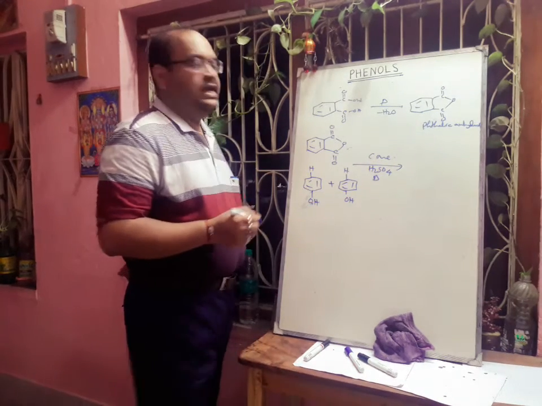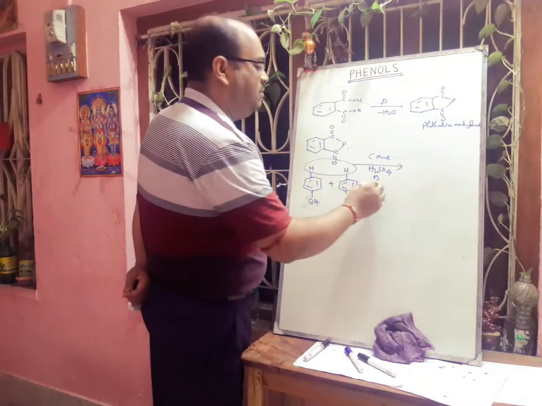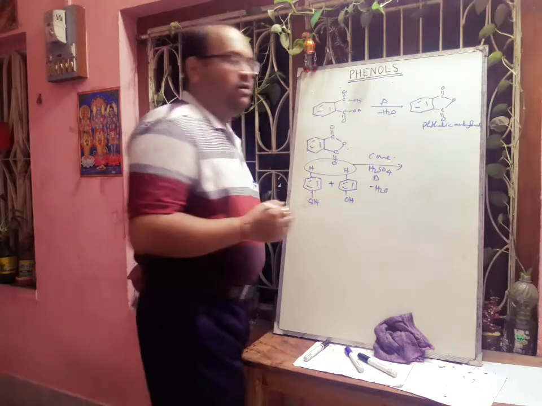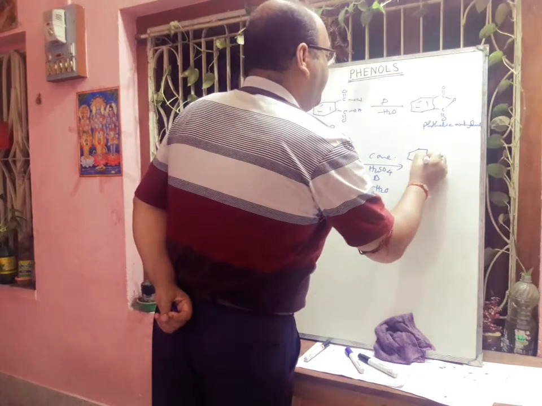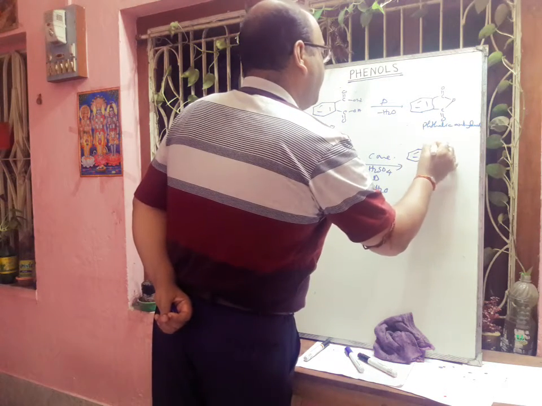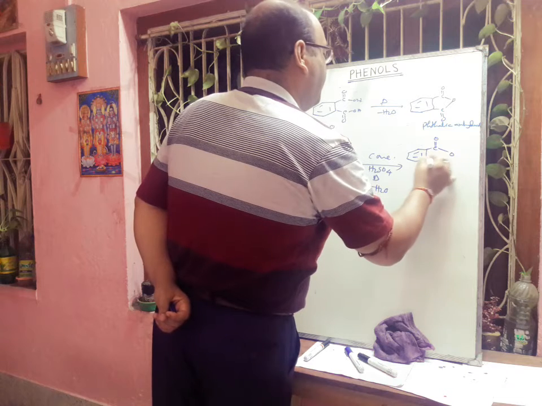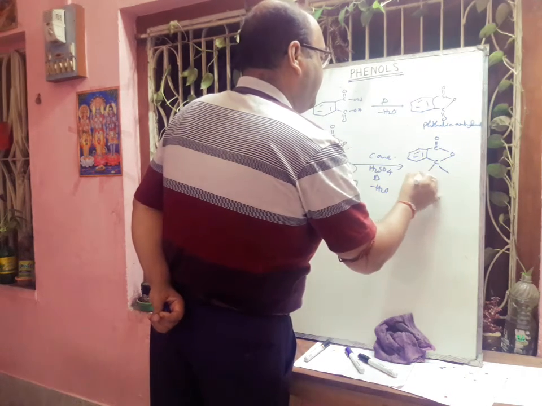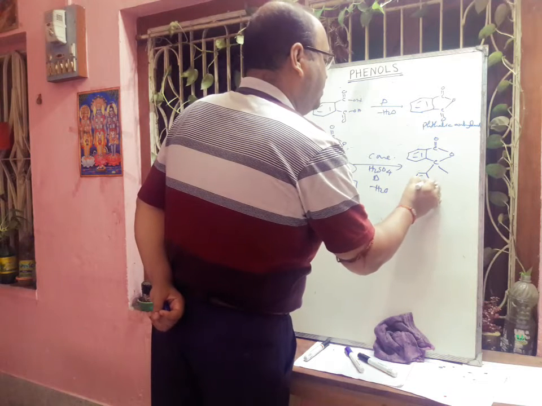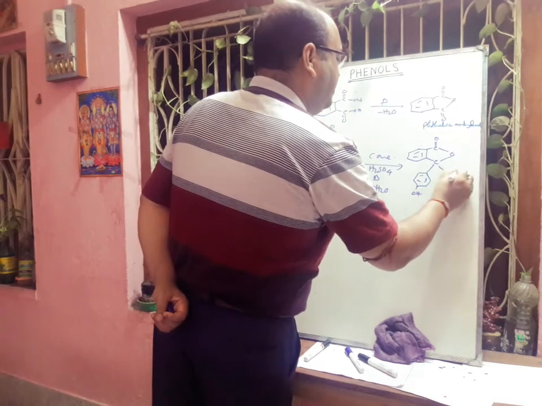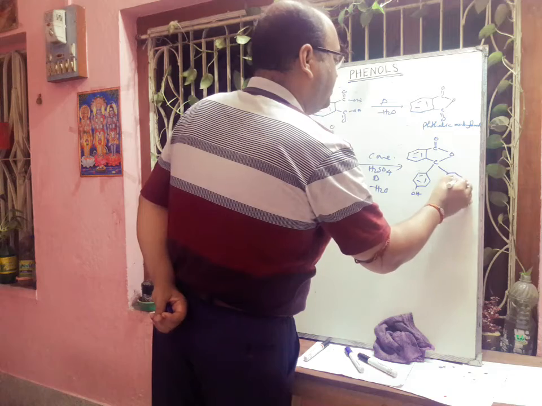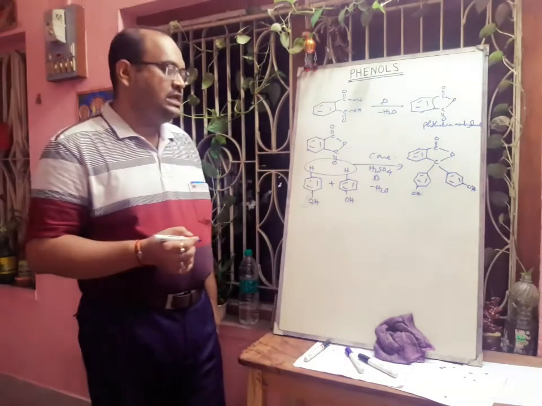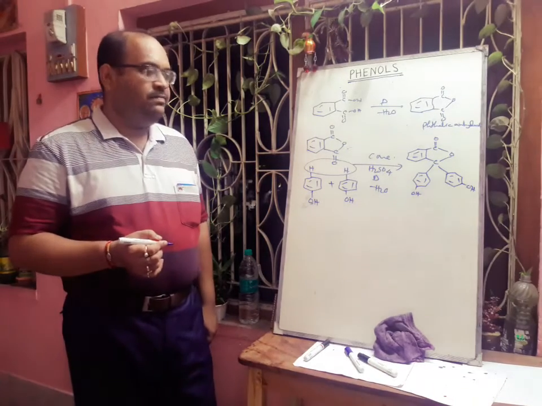Then there will be elimination of water molecule, minus H2O, and we will get a compound that is called phenolphthalein. We know that phenolphthalein is a very good acid base indicator, and in acid solution it remains colorless, but in base solution it will become pink or violet.